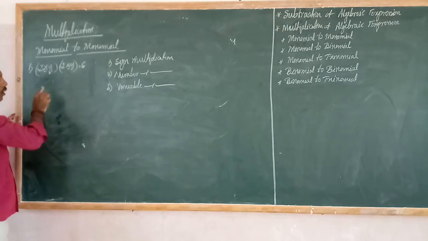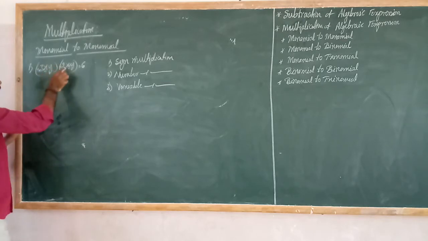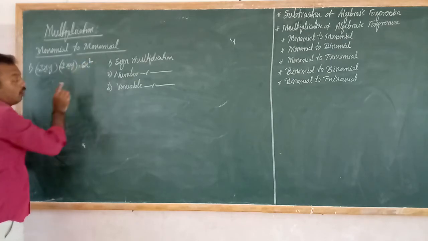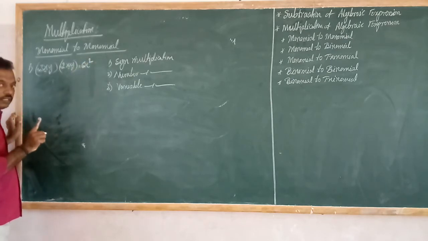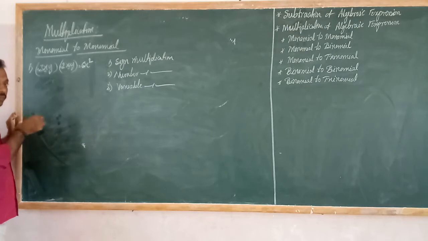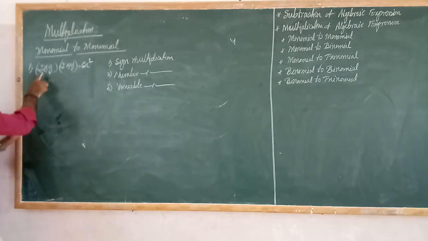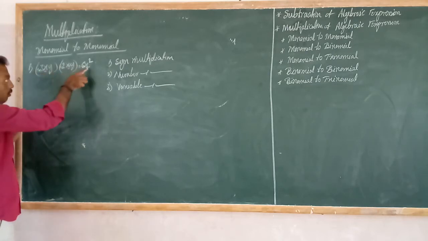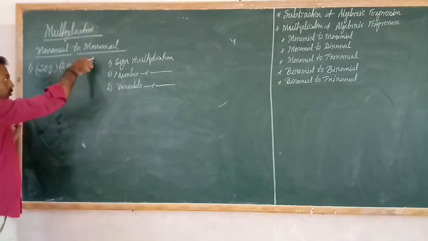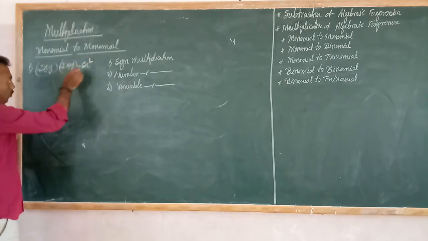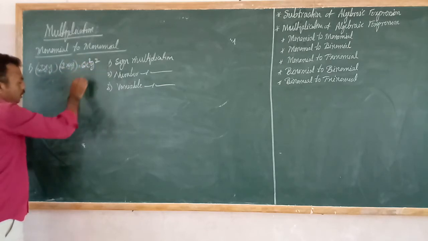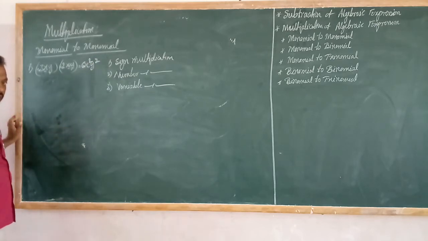Two variables. First multiply x into x. X into x how much? X square, not 2x. In addition, variables cannot multiply, but in multiplication the variable terms are multiplied, so it becomes square. Y into y, y square. Therefore, 6x square y square.